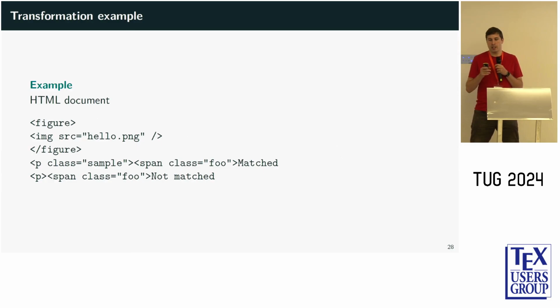We have an image element inside figure, and then two paragraphs with spans. You can see that both spans have class foo, but one of them will be matched and the other not, because only the first one is a child of the class sample. And you can also see that this is not valid XML because the P tags are not closed.